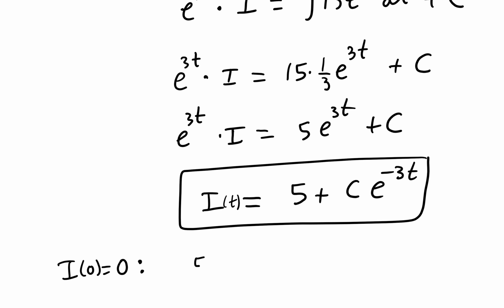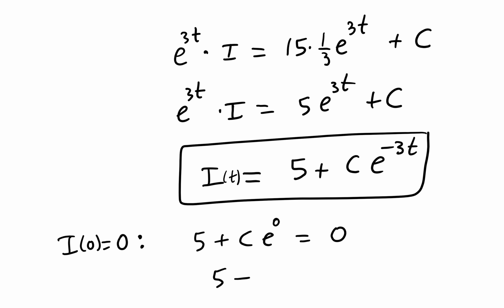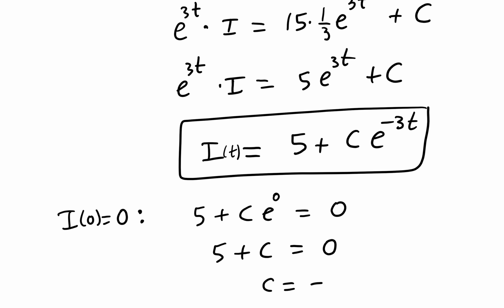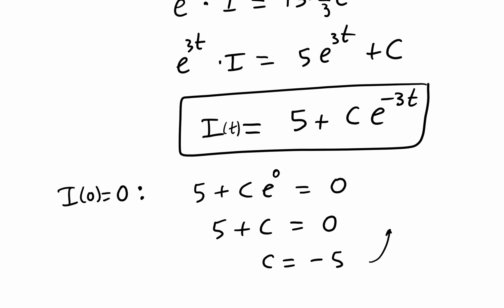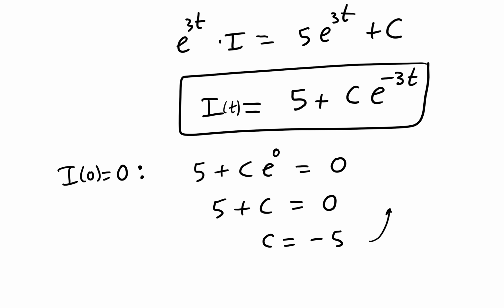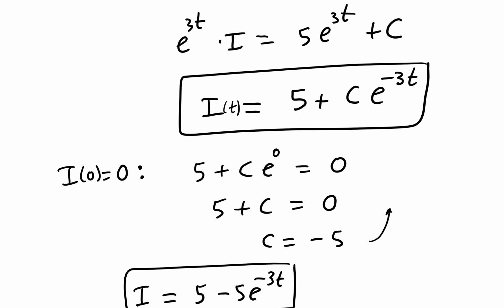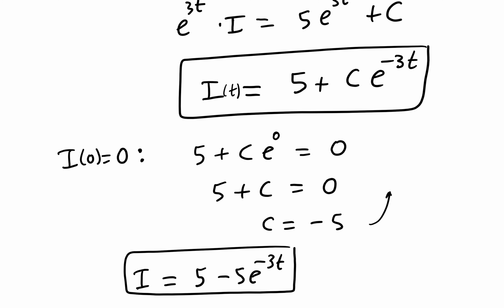That gives me 5 plus c e to the 0 equals 0. So 5 plus c is 0. That will enable me to solve for c, and then we can substitute it back in. Then I of t equals 5 minus 5e to the negative 3t. This is what we call the particular solution.